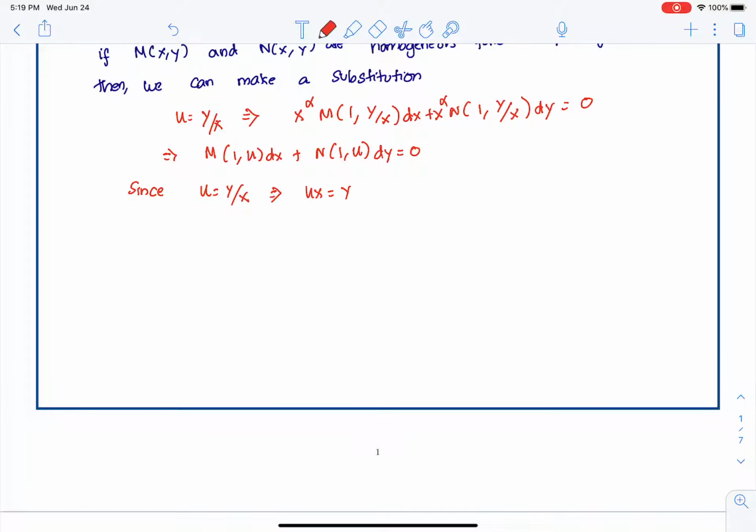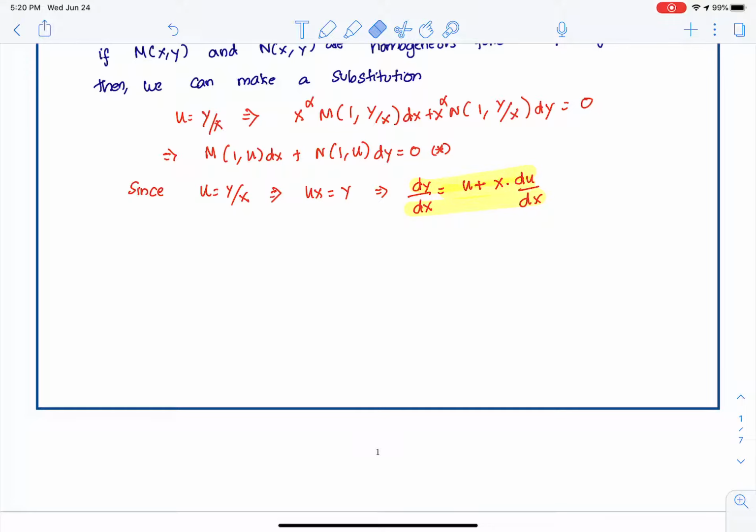Now we could take the derivative and write dy over dx using the product rule as u times the derivative of x, which is 1, plus x times du over dx. We can go back to that equation and plug in what we derived right here.